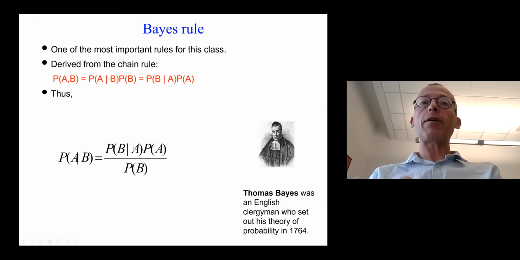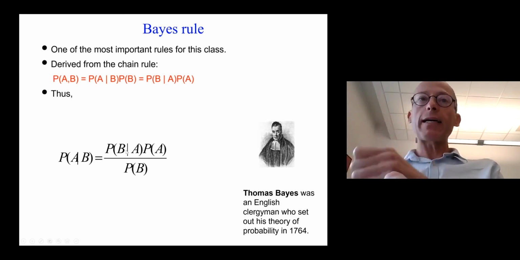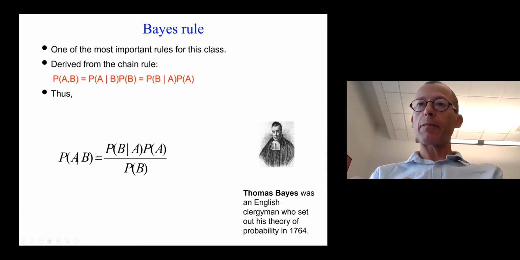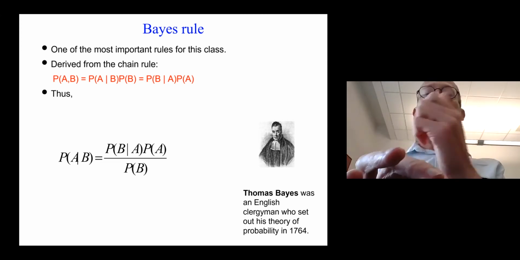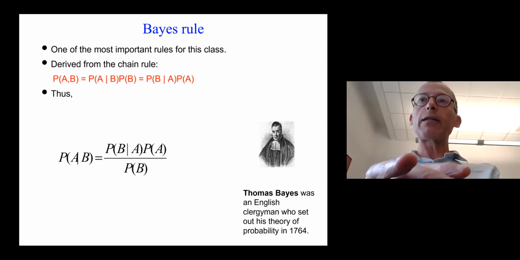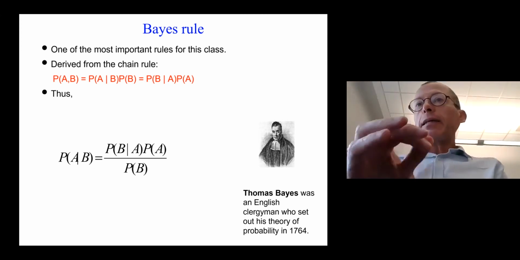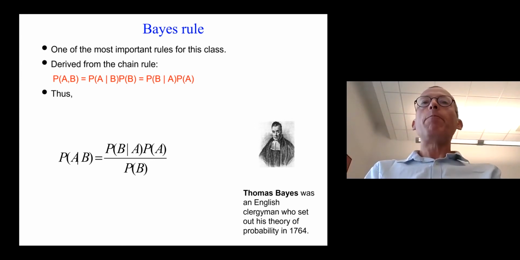So if we know B given A, we can get A given B. We need the priors as well, but if we know the priors on one side, we can easily get the other side. That's extremely useful in many algorithms. I'll show you an example in a second. It's a very useful fact that comes directly from the chain rule.